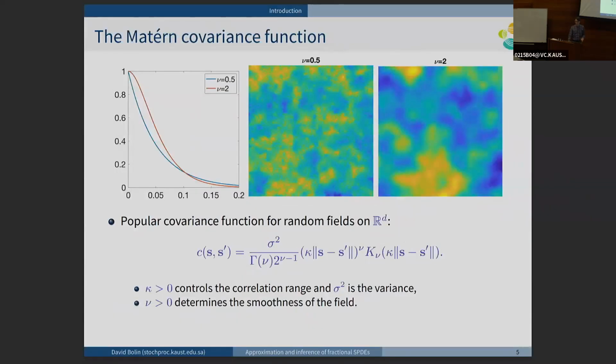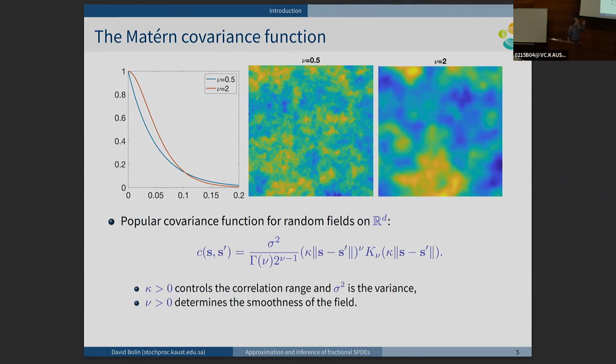The most popular choice in statistics and machine learning is the so-called Matern covariance function, which you can see here. This is a covariance function with three parameters. Parameter kappa controls the correlation range, sigma controls the variance, and this parameter nu in the modified Bessel function K nu determines the differentiability or smoothness of the field.